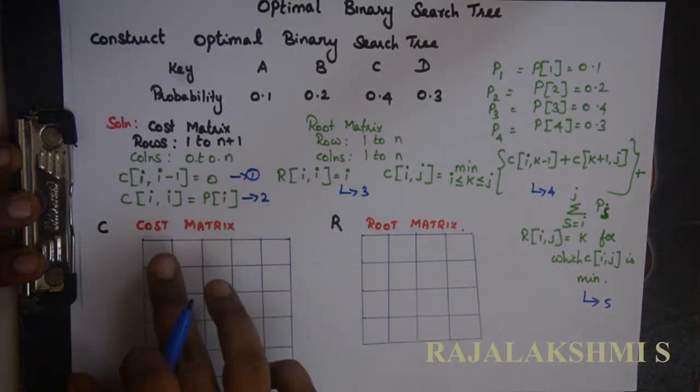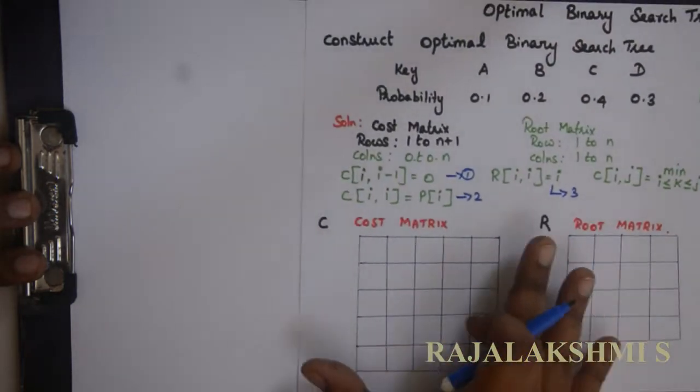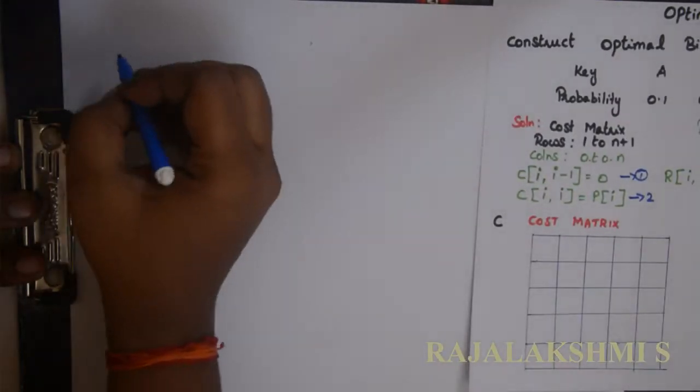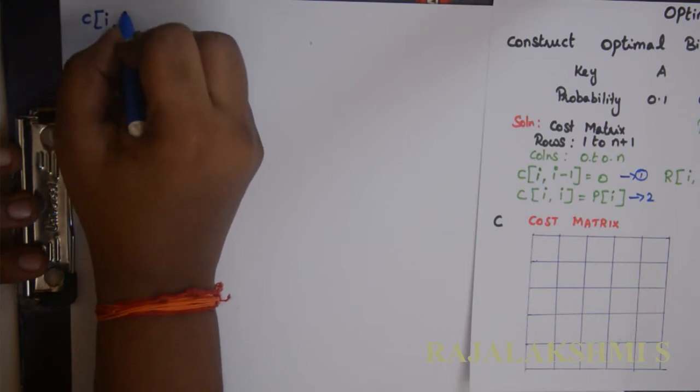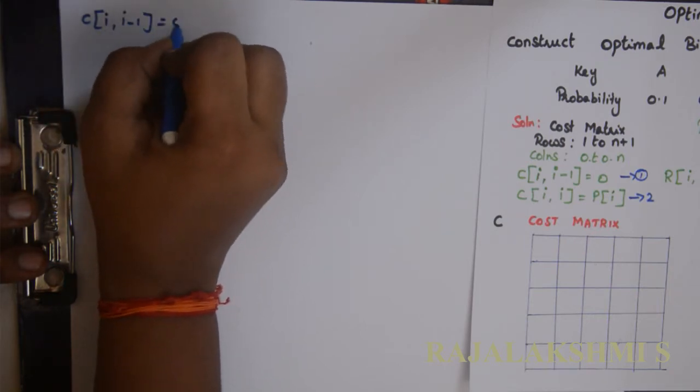So first we will apply the initial equations. C of i comma i minus 1 is equal to 0.